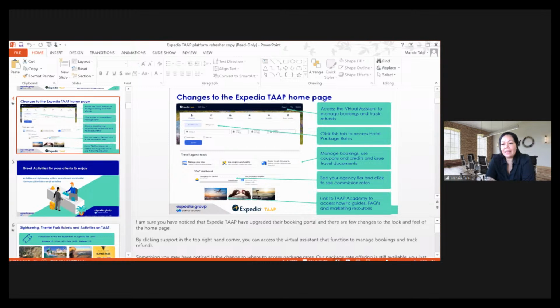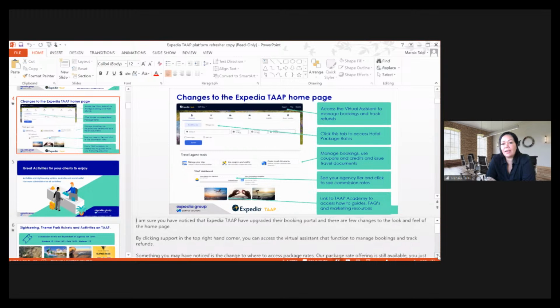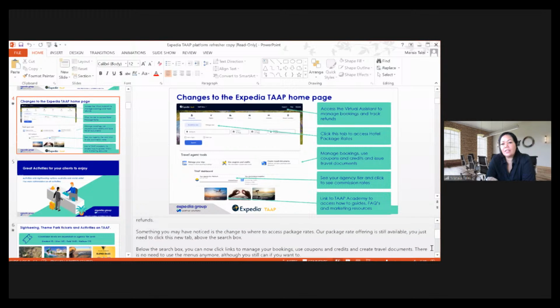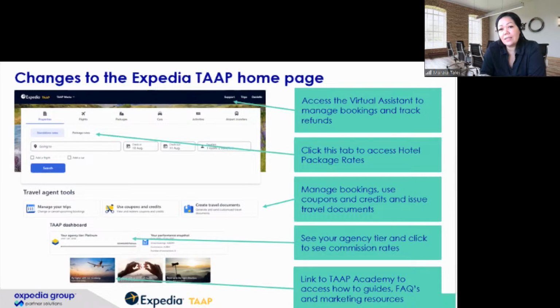Something you may have noticed as well on the homepage is where the access to package rates is. It now comes under properties, where you'll see our standalone rates, and package rates now sits next to the standalone rates.